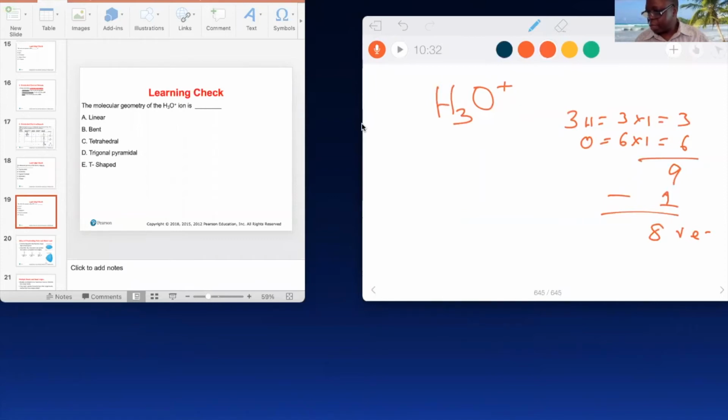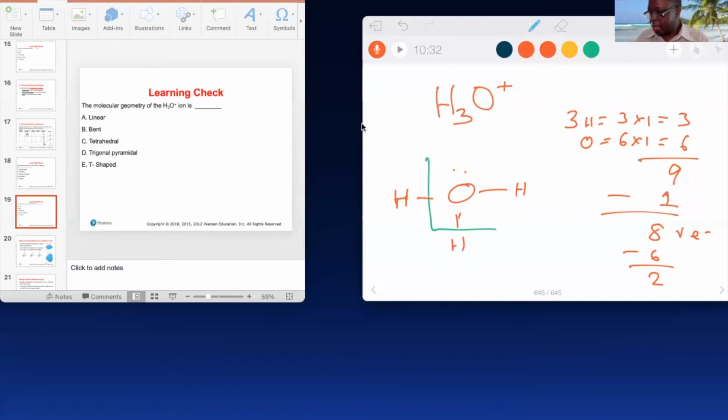This will give us the molecular shape, with H bonded to that. We have used 6, remain 2. We put it on oxygen because hydrogen does not need more than 2 electrons.